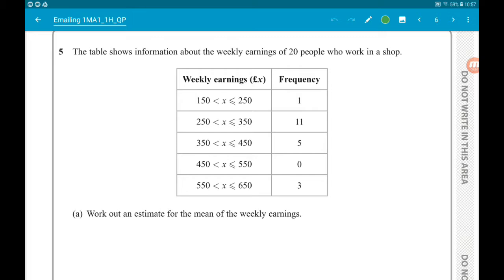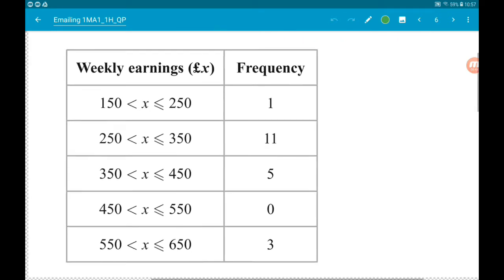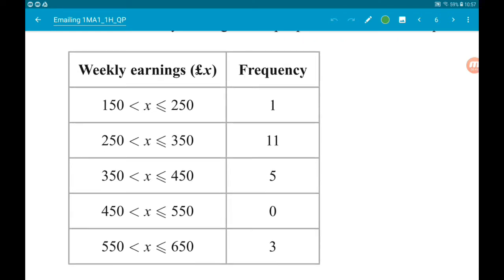When you have a grouped frequency table, and there are more examples of this down below in the description, we first of all need the midpoint of each interval.